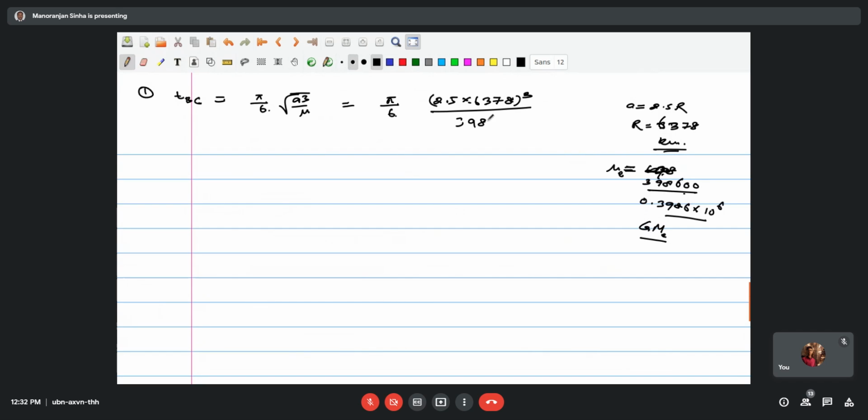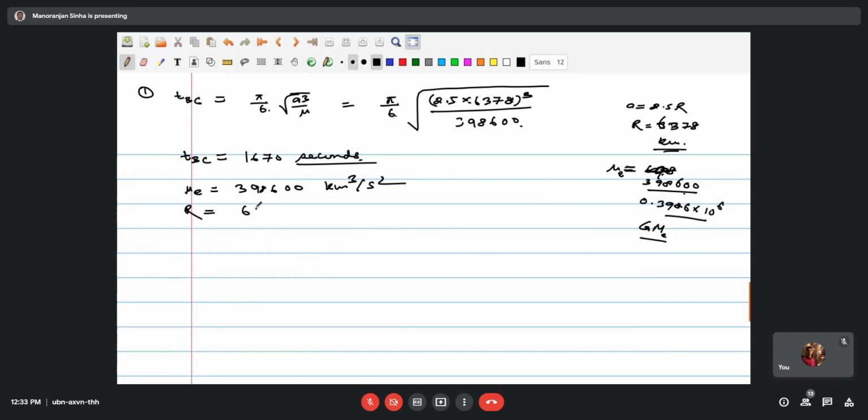Putting this 398,600, which is an approximated value, not exact, under the square root. Here we have taken mu Earth equal to 398,600 kilometers cubed per second squared, and r equal to 6378 kilometers.